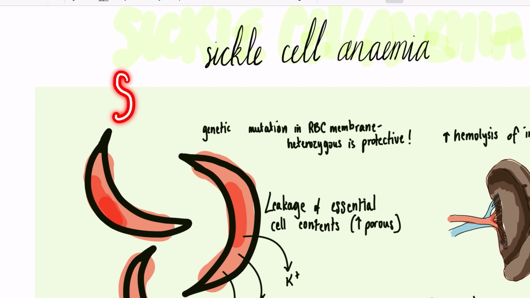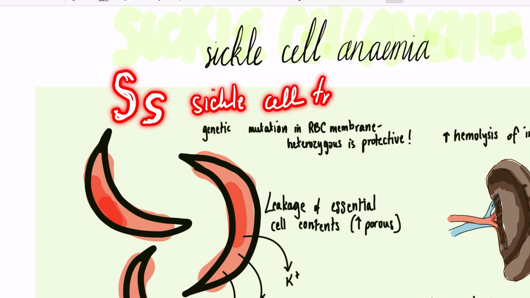If someone has one sickle cell gene and one normal gene, that means they'll have something called sickle cell trait. And this means that they have some cells that are sickled and some that are normal, and therefore they are protected against malaria for reasons that I'll outline in a bit.